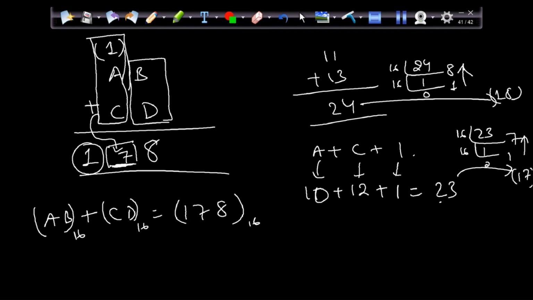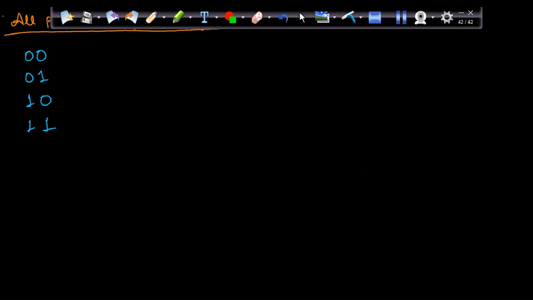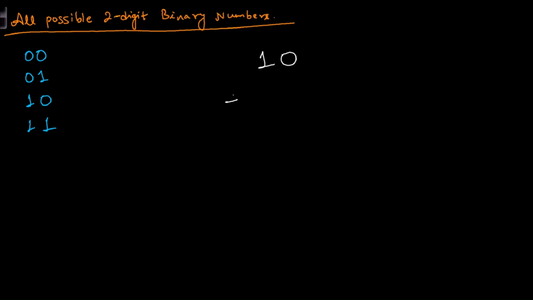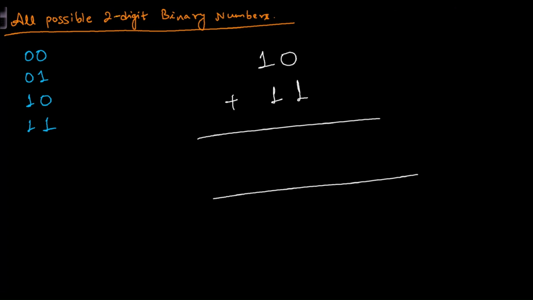Okay, now let's look at the examples of binary. 10 plus 11. What is the answer to this? What it means is that from 10, you have to move 1 to the power 1 plus 1 to the power 0, which is equal to 2 plus 1, that is equal to 3.